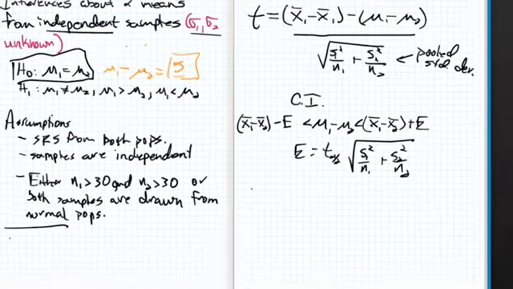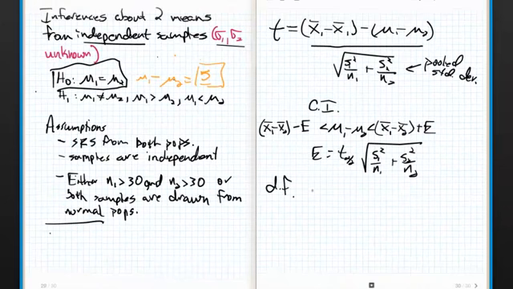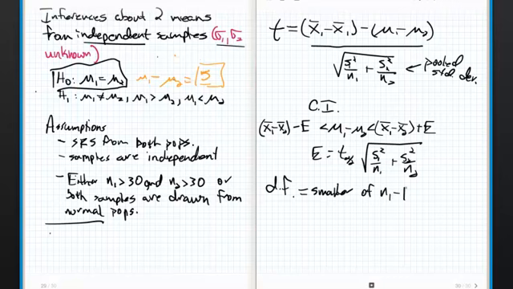Now, the question is, what are the degrees of freedom? We are going to keep it super simple. The degrees of freedom are just the smaller of n1 minus 1 and n2 minus 1.